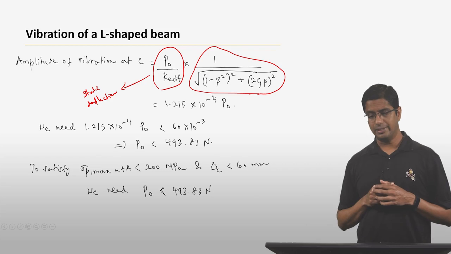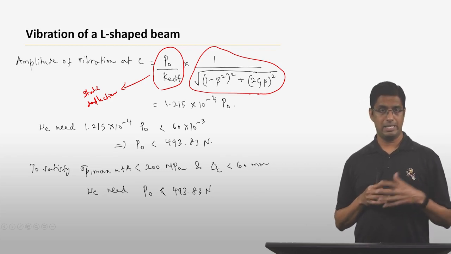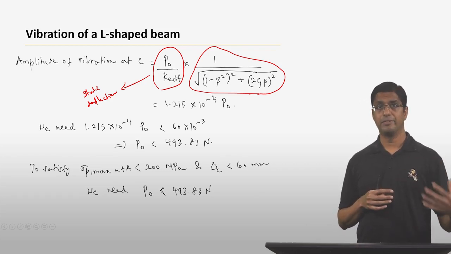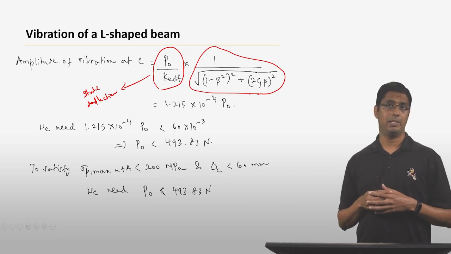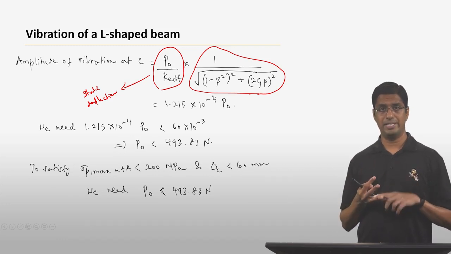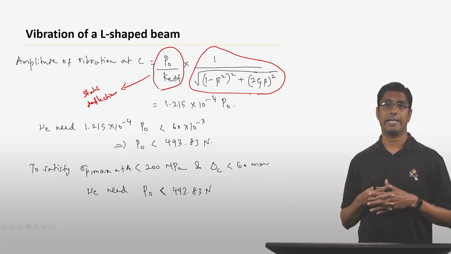Okay? Now, this P naught is something that we know. K effective we found out in the first part of the problem. We know what beta is, we know what zeta is, so essentially we can calculate what the second term is.